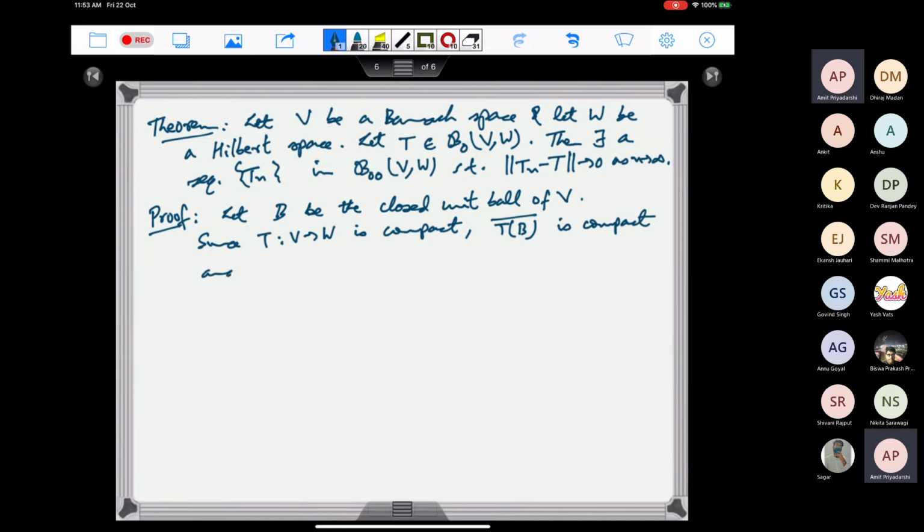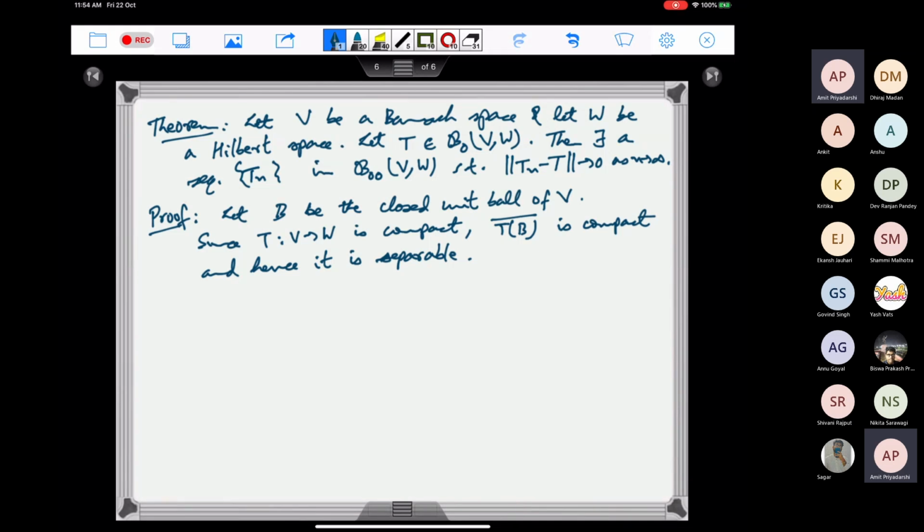and hence it is separable. So any compact topological space is separable. That means that it has a countable dense subset. So we are using that fact here.